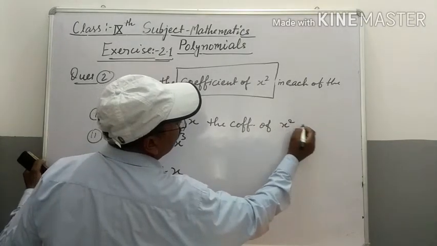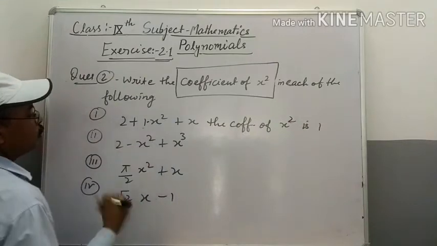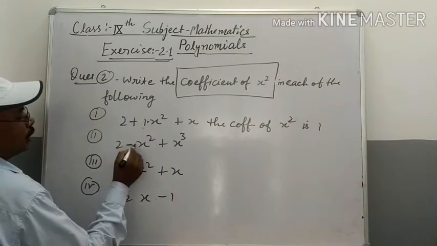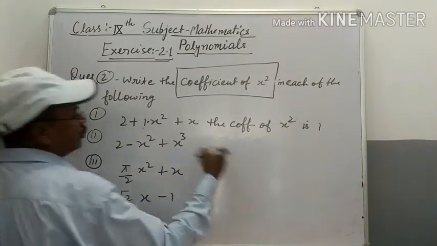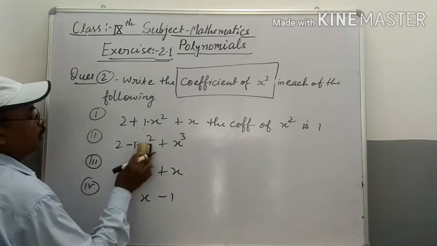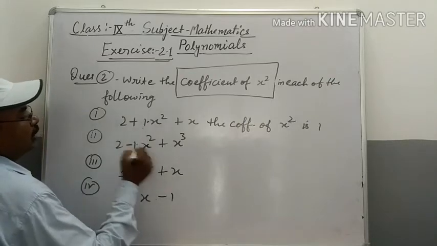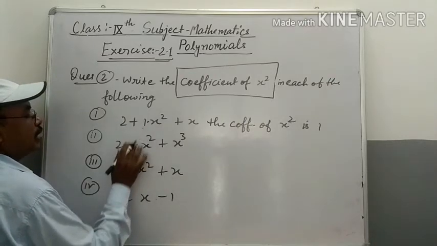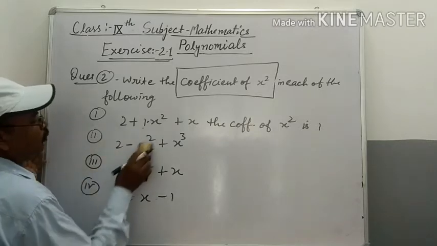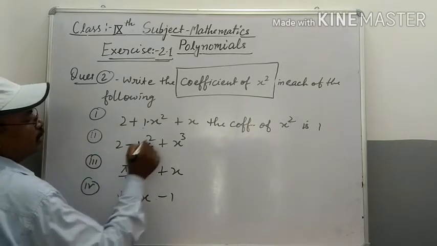The coefficient of x square is 1. Now in the second, coefficient of x square, here minus x square, it means minus 1. 1 into minus x square, that is minus 1. So simple. Plus में plus 1, and that 1 is hidden here. x square means 1x square, and here the symbol is minus, so that is minus 1.